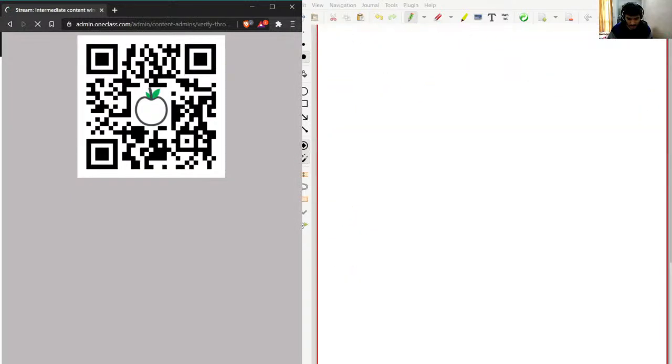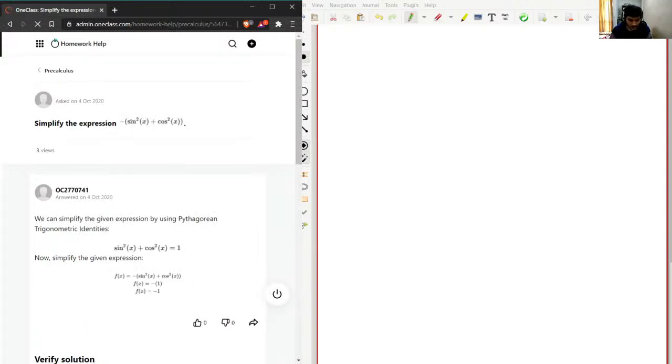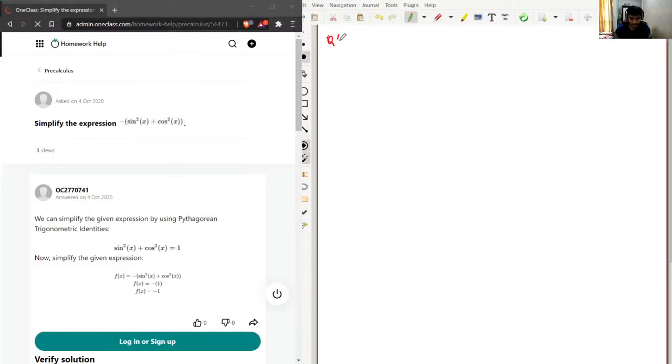This will be question number 4. Some questions take a lot of time because they require more explanation, but some of them are very short, just like this one. So we need to simplify the expression. It is negative of sine square x plus cosine square x.